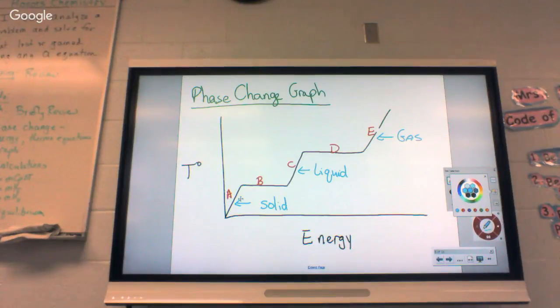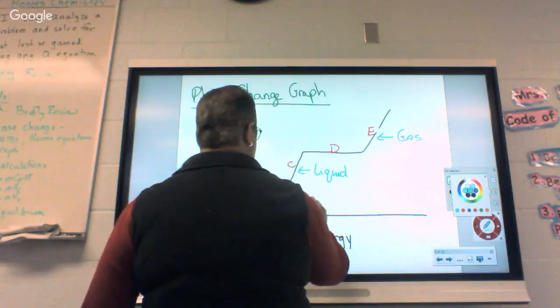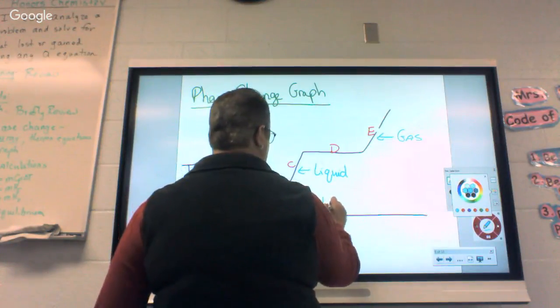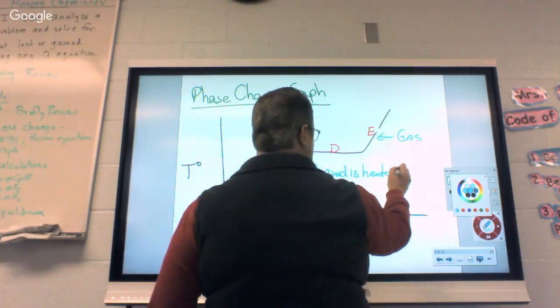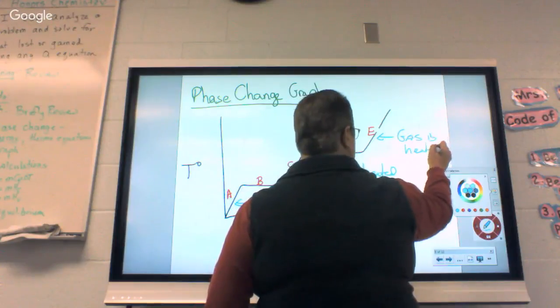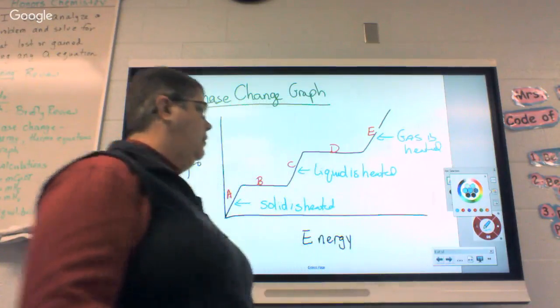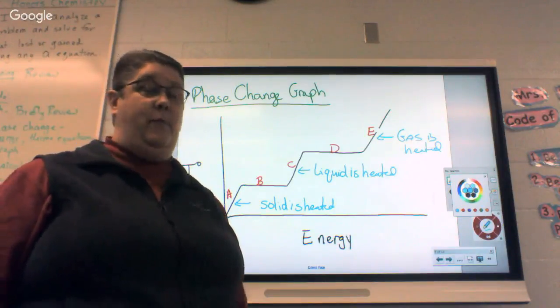All 3 of those spots are doing what based on the line? They're going up. The temperature is increasing. So in A, the solid is heated. In C, the liquid is heated. In E, the gas is heated. Now, are any of those 3 phase changes if they're being heated?